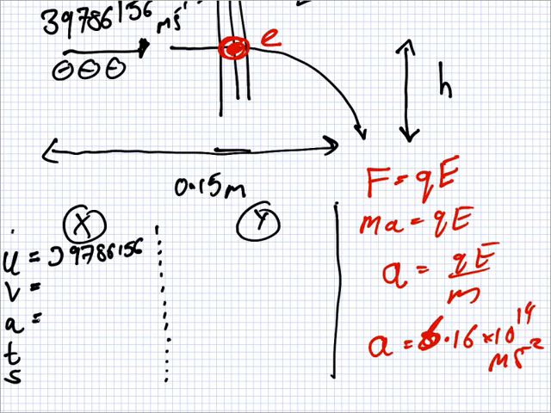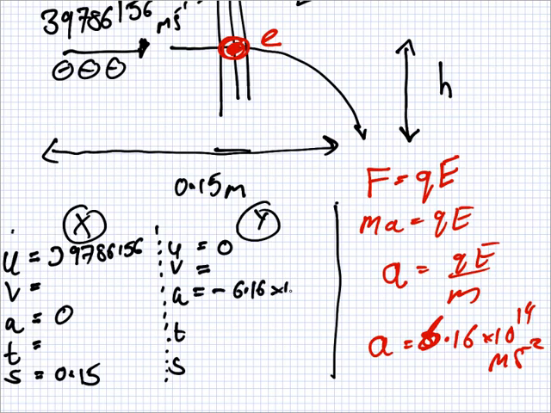What's the a, horizontally? 0. t? Don't know. It's what we want. s? We do know. 0.15. UVATS. What's the u vertically? 0. v? Don't know. a is minus 6.16 times 10 to the 14. t? Don't know. s? That is what we want. That's the h.